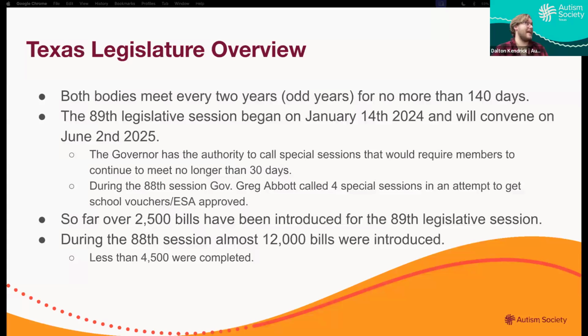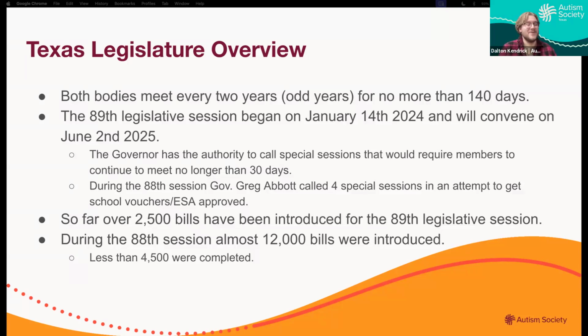For example, during the 88th legislature, Governor Greg Abbott called 4 special sessions. He was hoping to get school vouchers, commonly referred to as ESAs, approved, but it didn't get passed.